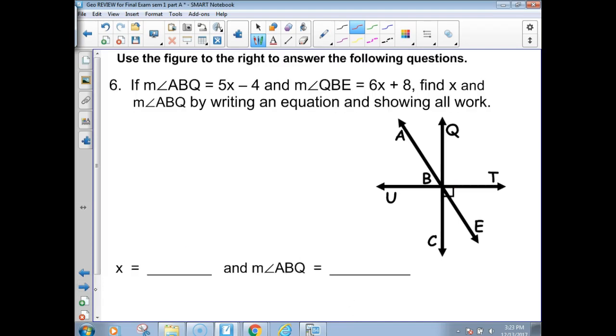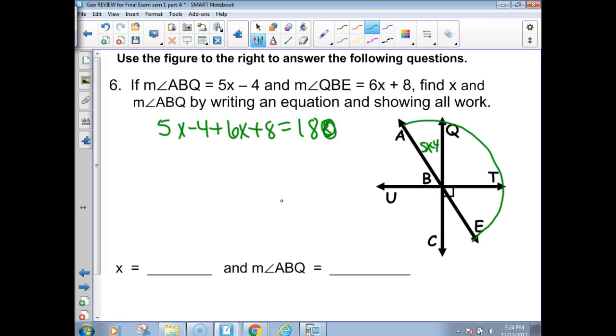Then number 6, sorry, we're still using this picture. ABQ is here, 5x minus 4. And then it says QBE, which added to that would be what? 180. Okay, so 5x minus 4 plus 6x plus 8 is 180 degrees. Then we add 11x, and negative 4 plus 8 is plus 4.